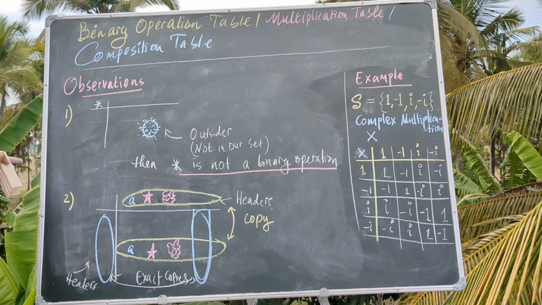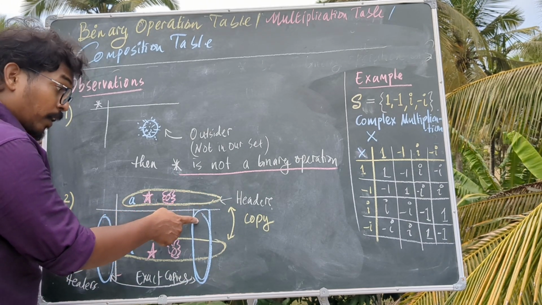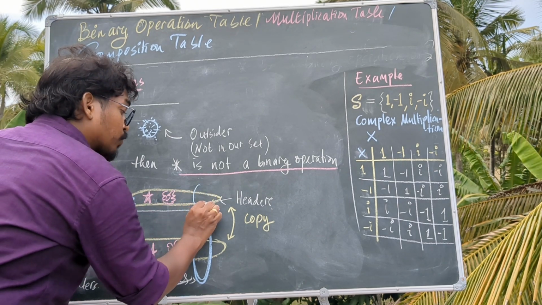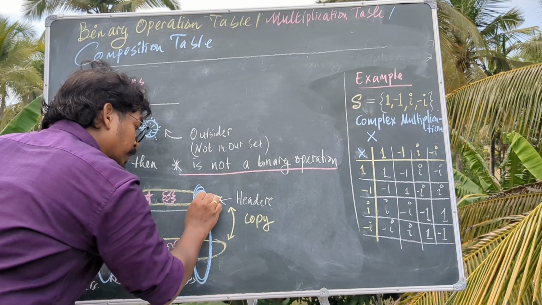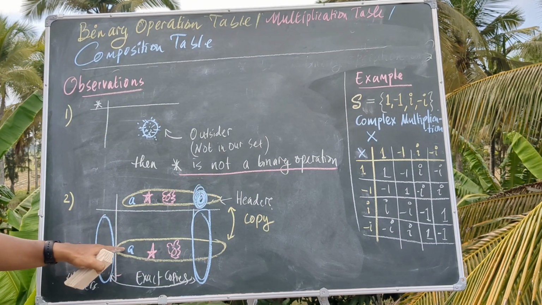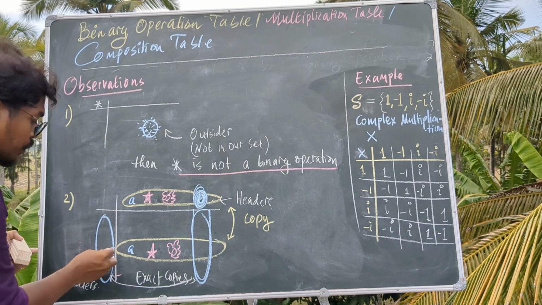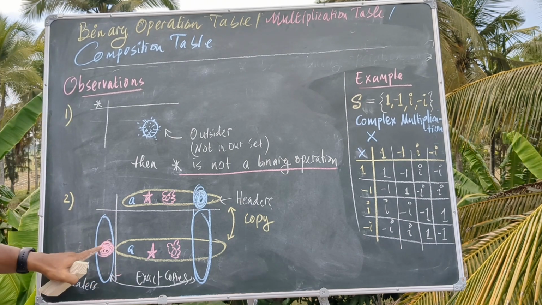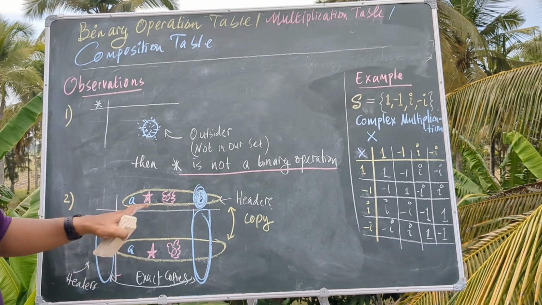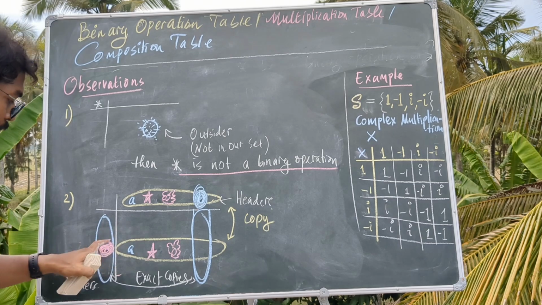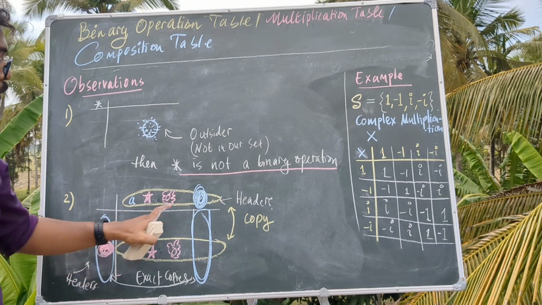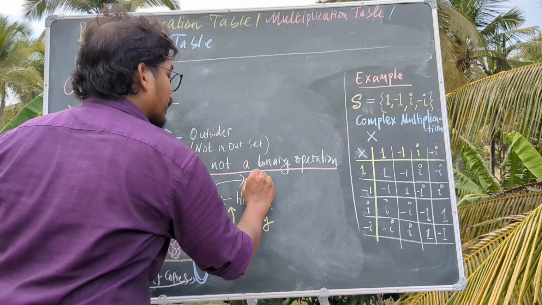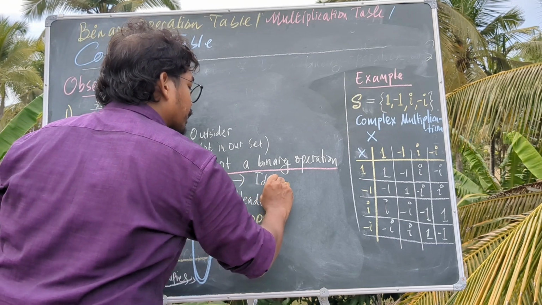Then this column has one header, suppose this element, and this row corresponds to some element, and if these two elements are the same, then we have this element as identity.